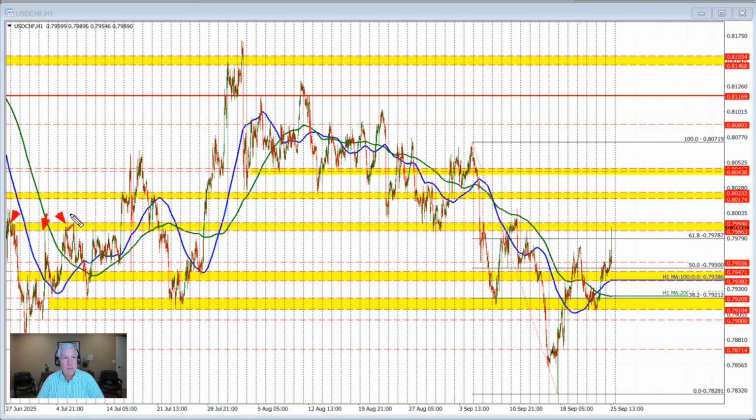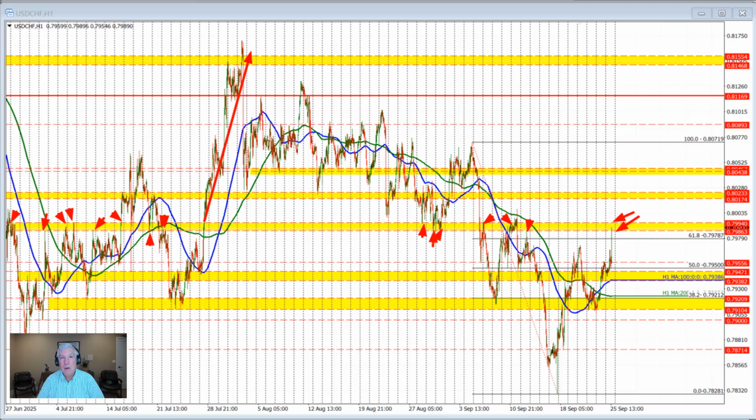We broke above that ceiling, traded above and below through this period, but then moved below it again here before breaking to the upside. We came back down to that area and traded again above and below it over here before using that level as a key resistance here. So we're within this swing area between 0.7986 and 0.7994.